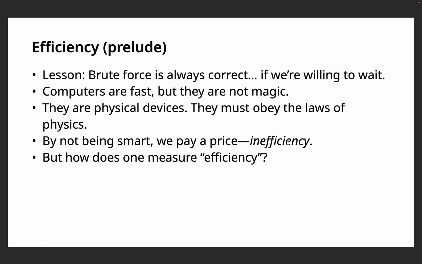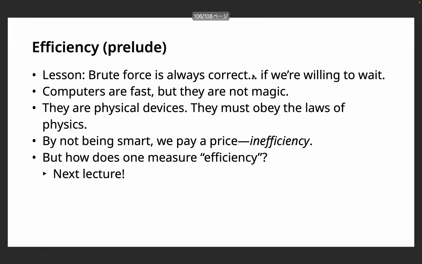Before we go into how brute force is actually inefficient, we have to first answer the question, what does it mean to be efficient in the first place? How do we know if some function or some program is actually efficient? That is what the next lecture is for. In the next lecture, we will go over how to measure efficiency.